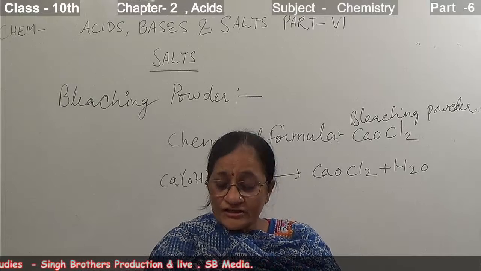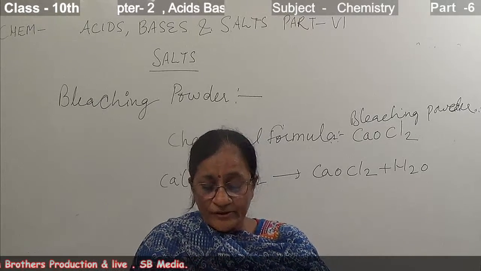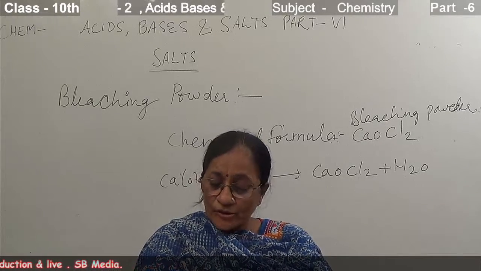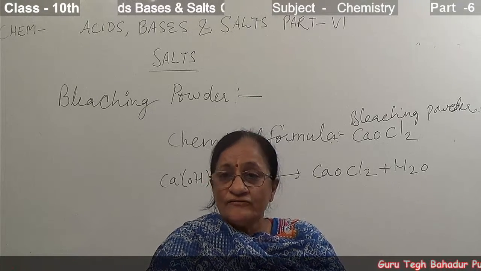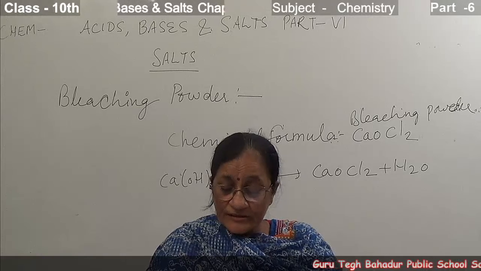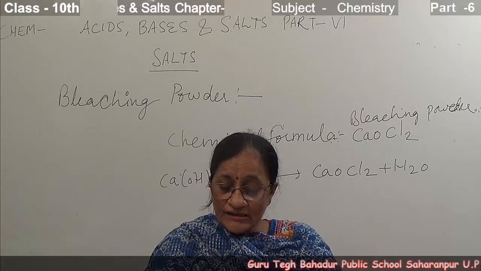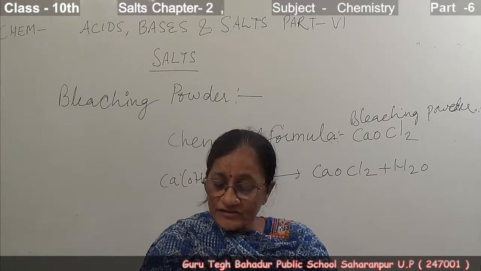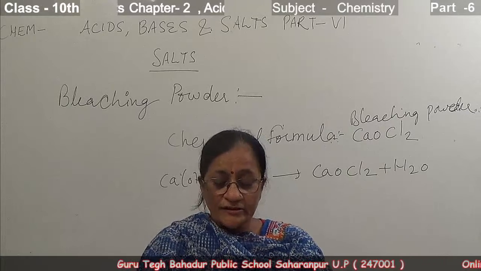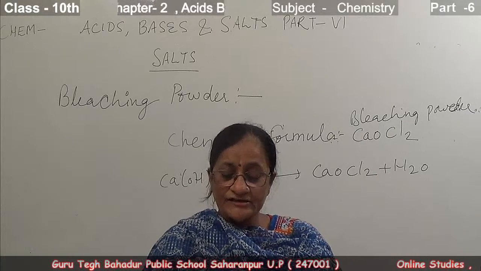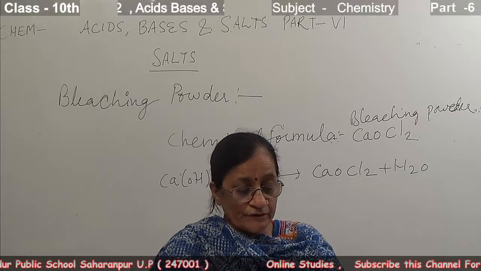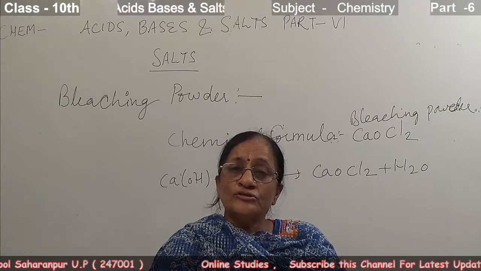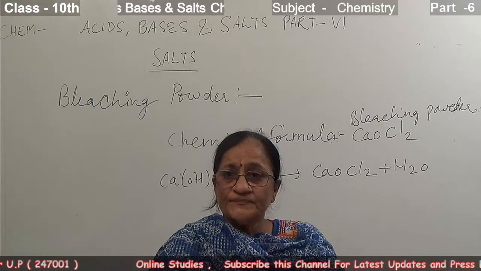Due to reaction with carbon dioxide, chlorine gas is evolved, and we can smell that. So in case of bleaching powder, the real bleaching agent that is present is chlorine.